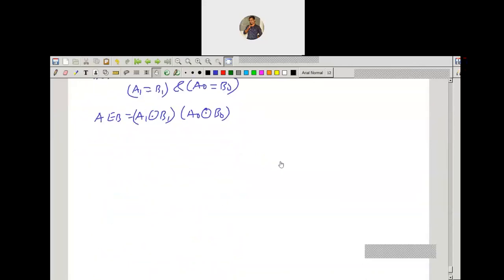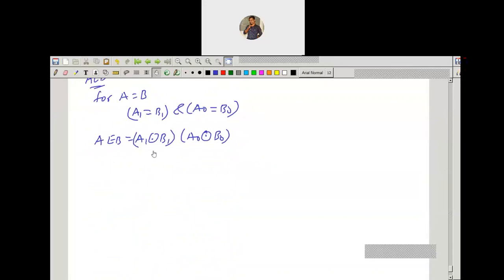Okay. So in this way, you can write down the expression for A more than B, A less than B, A equal to B. So today's task is to draw the logic diagram for a 2-bit comparator.